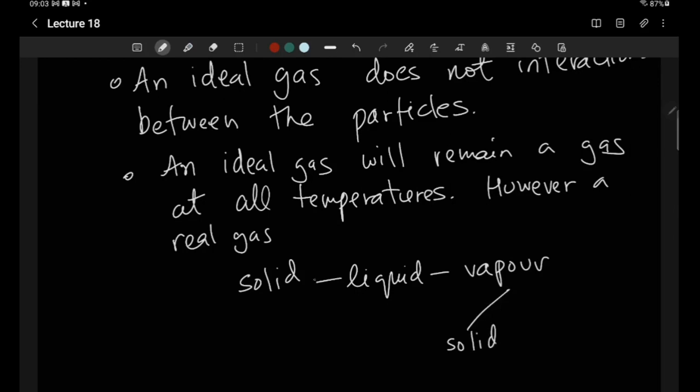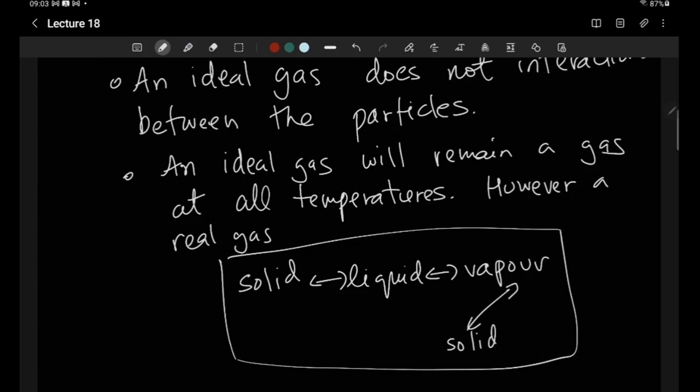So these are the things that a real gas or a real substance would do. An ideal gas doesn't have any interactions, so that's a straight answer to that.